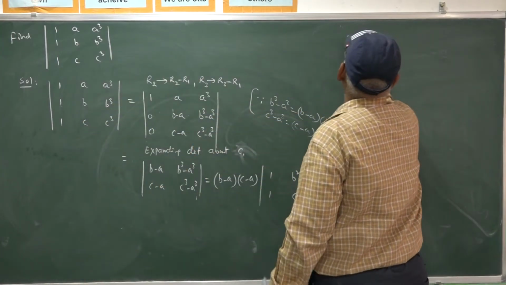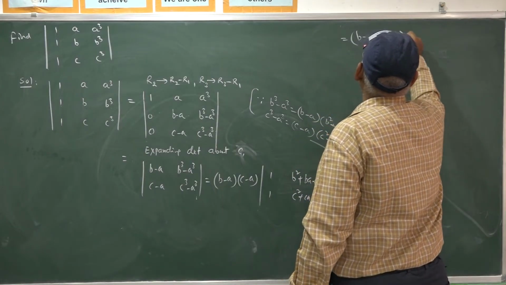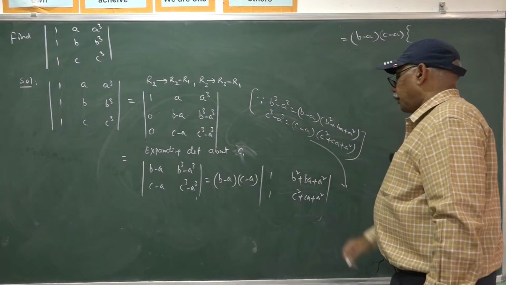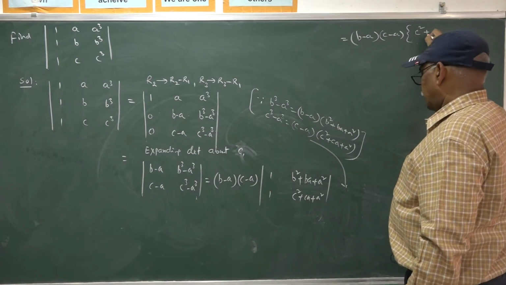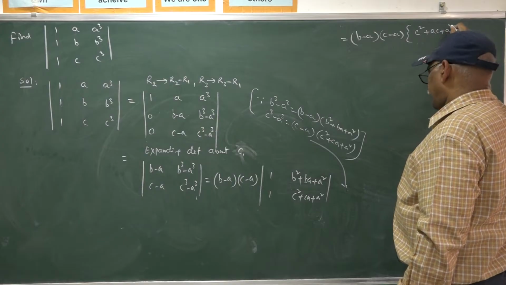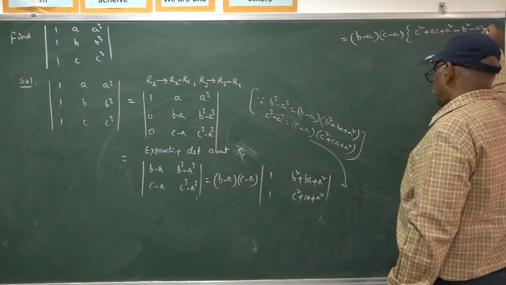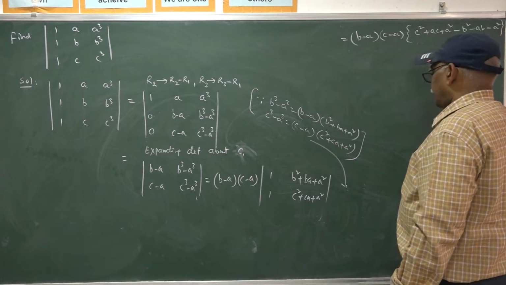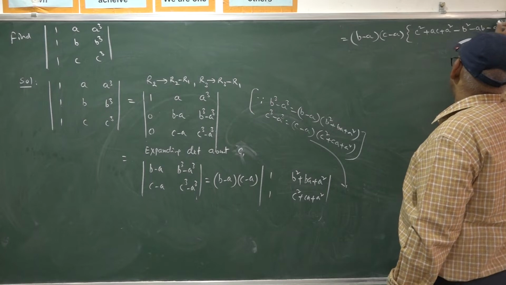So hence it is B minus A into C minus A into, on evaluation of this determinant by the definition, we get C square plus AC plus A square minus of B square minus AB minus A square, AD minus BC formula. So that this A square cancels.